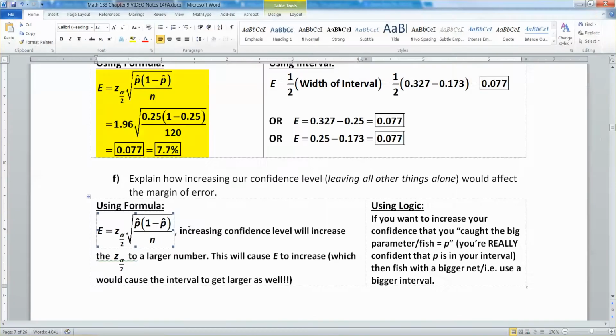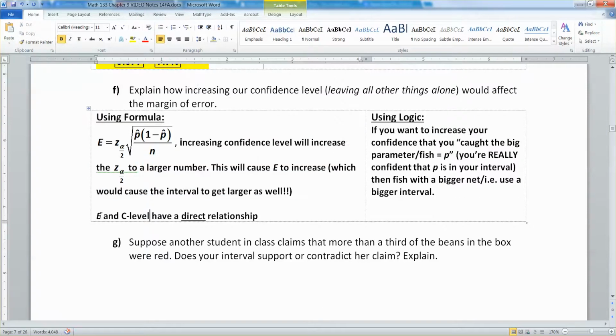In other words, your confidence level and your error are directly correlated. And I actually just put that in right there. The error, E, and the confidence level have a direct relationship, meaning if one gets bigger, the other gets bigger. One gets bigger, so does the other.